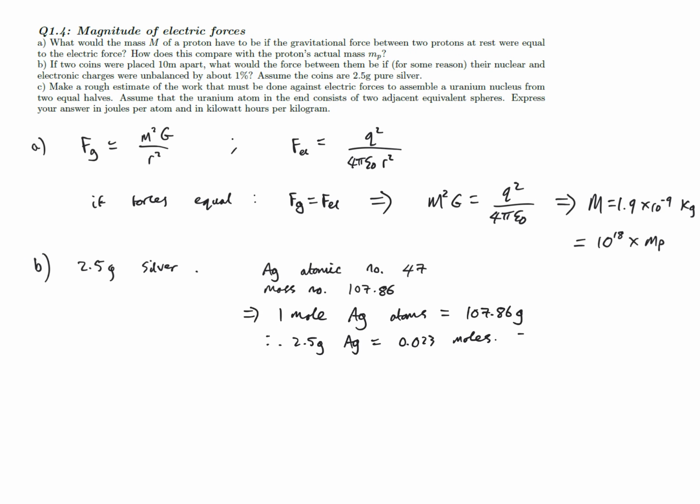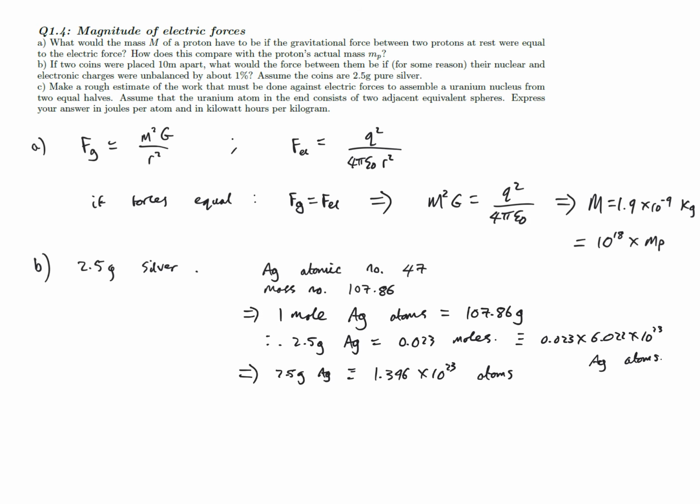And that means that it's 0.023 times 6.022 times 10 to the 23 silver atoms, because here I'm using that Avogadro's number is the number of atoms in a mole. So what we know is that 2.5 grams of silver is equivalent to 1.396 times 10 to the 23 atoms.